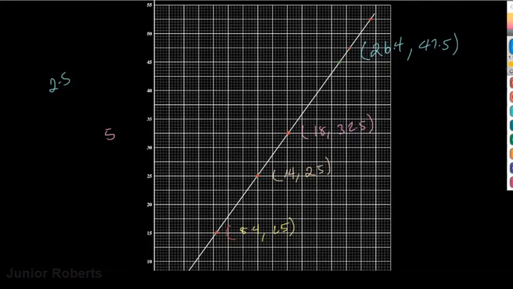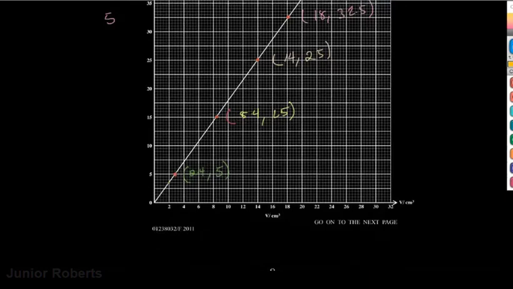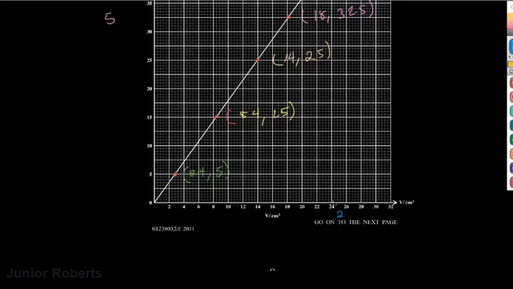All right, so let me go over it once more. If we look at our x-axis, this is 24 and this is 26. So the difference between 24 and 26 is 2. Now we have 5 tiny blocks between 24 and 26.